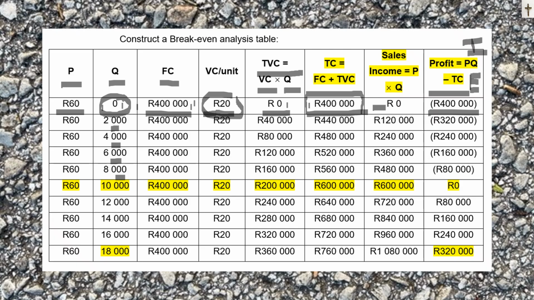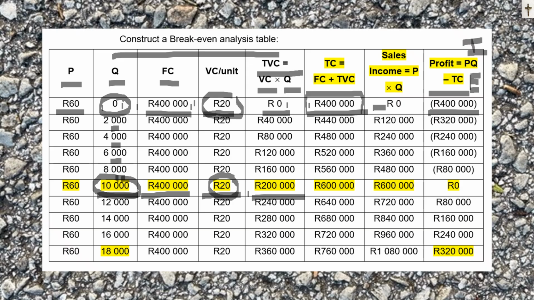As we move down this break-even analysis table, you will see when we get to a quantity of 10,000, the fixed cost is 400,000, the variable cost per unit is 20 Rand, the total variable cost is the variable cost multiplied by the quantity, and that is equal to 200,000.